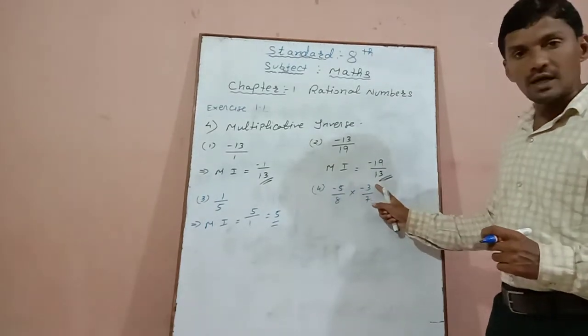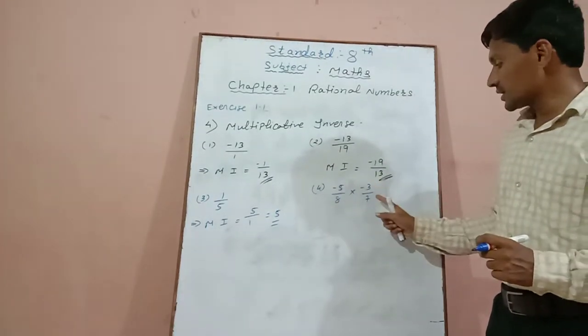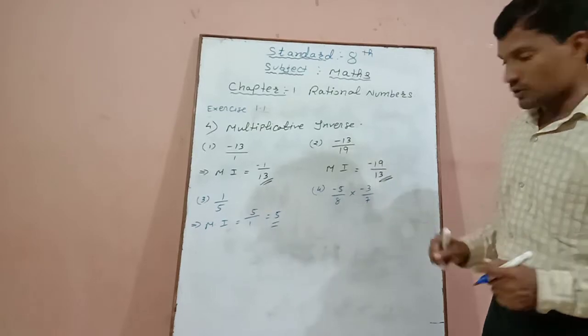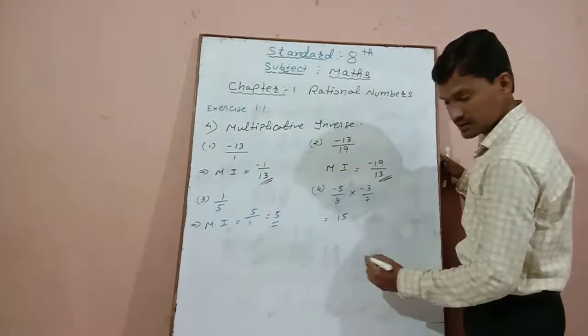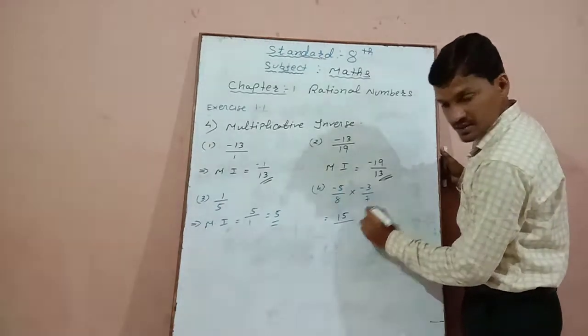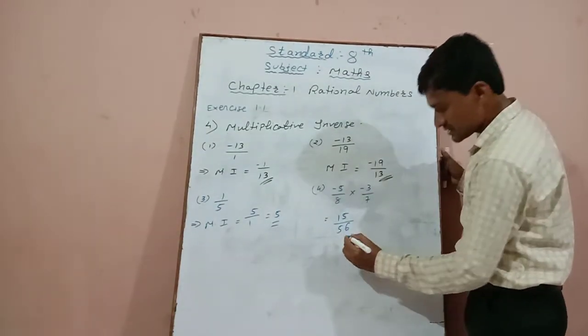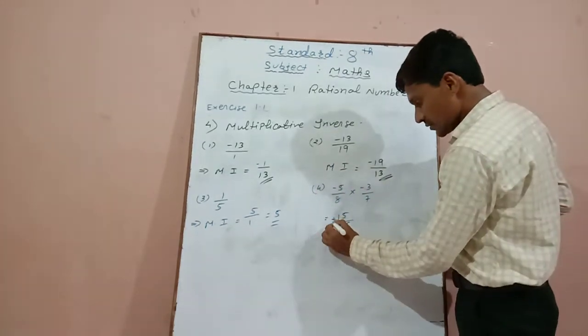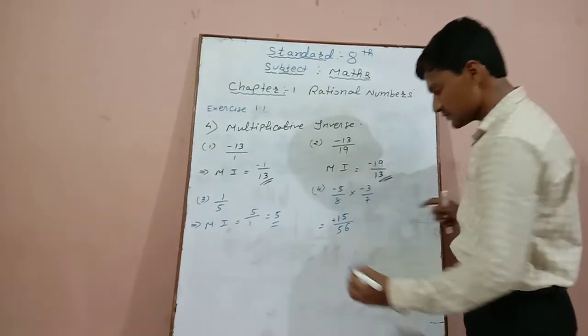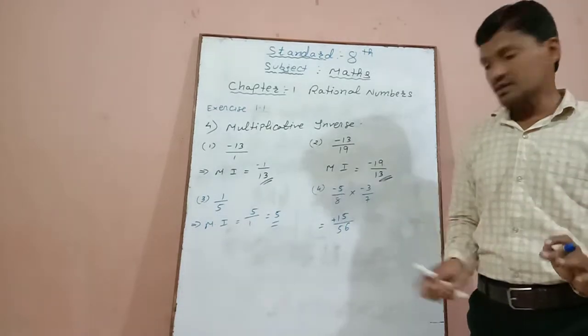Numerator will be multiplied by numerator, denominator will be multiplied by denominator. So the answer is 5 3s are 15, 8 7s are 56. Now compare the sign. Minus minus is equal to plus, that means the answer is plus 15 divided by 56. Okay, this is the answer.